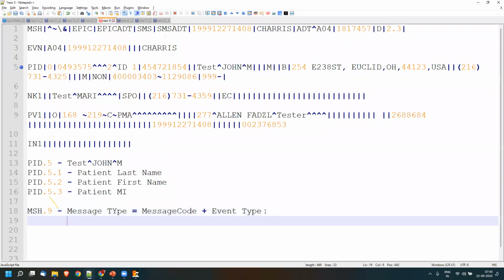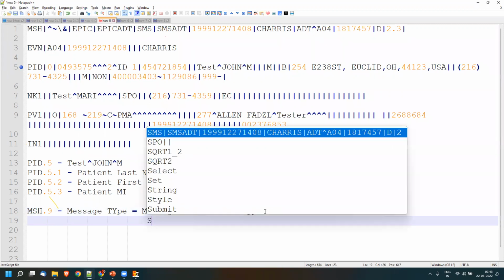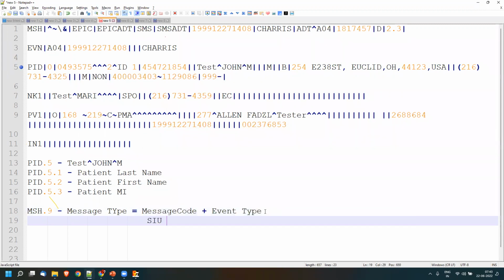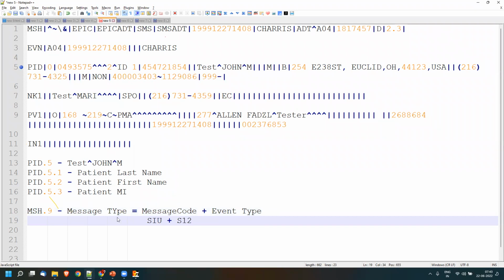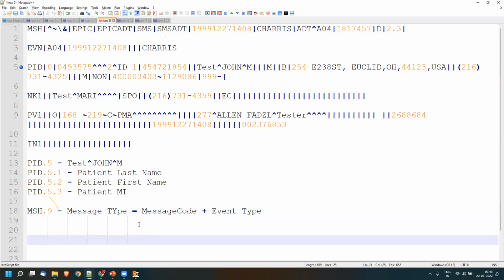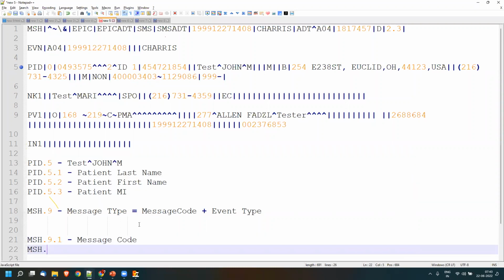So whenever you are representing an appointment message, you would say it is SIU plus S12. We don't see plus here because those are treated as separate components. So what we call it as MSH 9.1. MSH 9.1 is called message code. MSH 9.2 is called event type.